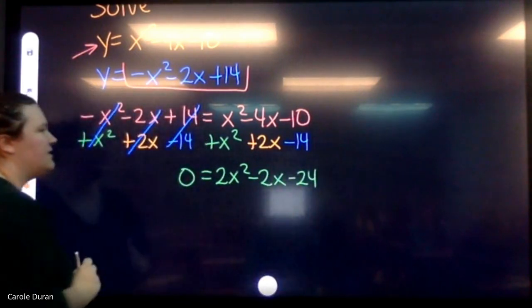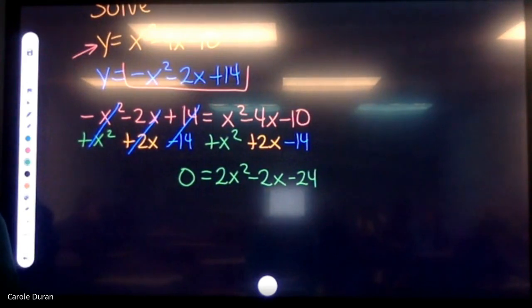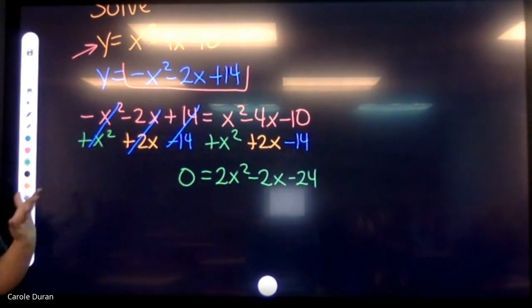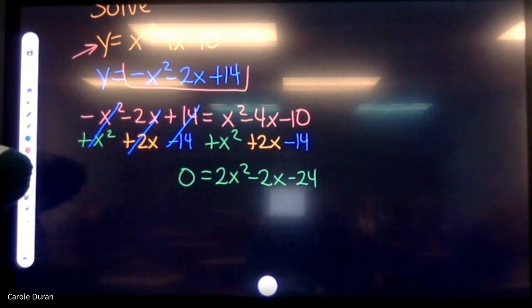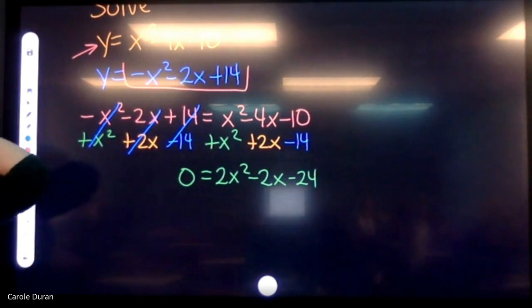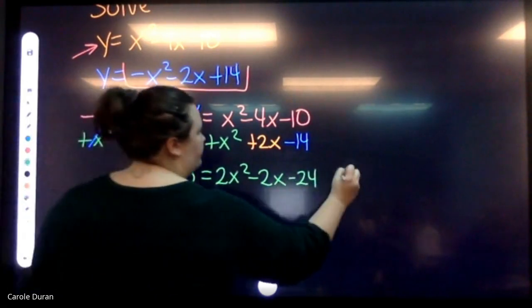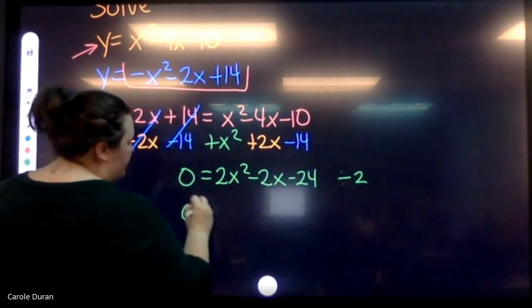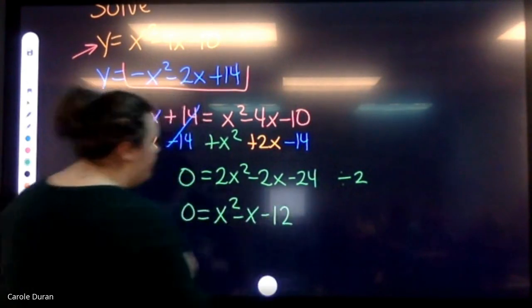And that is equal to 0 because I moved everything from the left over to the right. I'm going to look to see if there's a common factor in this before I try to factor it. So is there anything that can come out of all 3 of these terms? 2. So we divide 2 out of everything. When I do, I'm left with 0 equals x squared minus x minus 12.